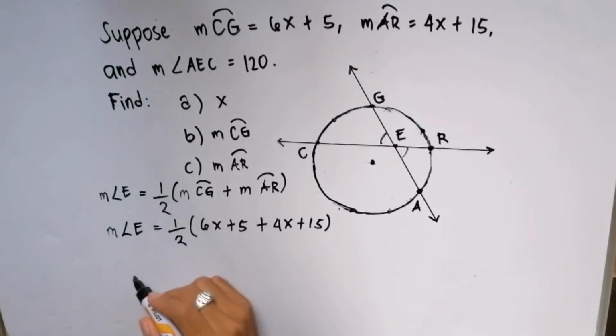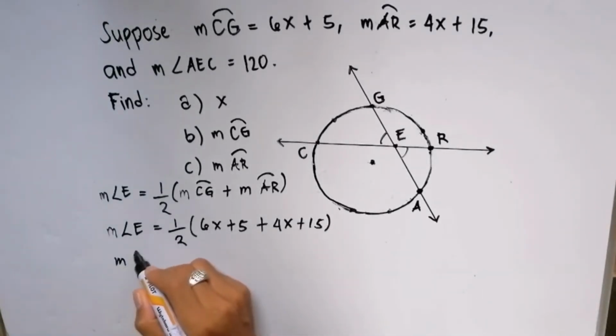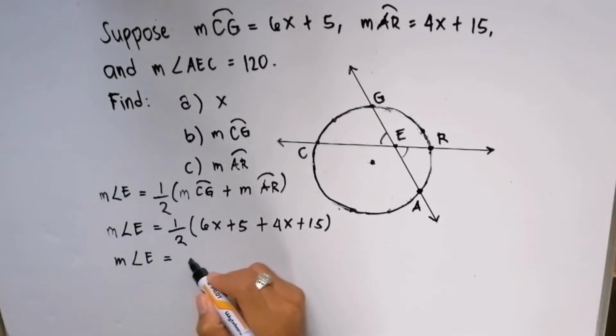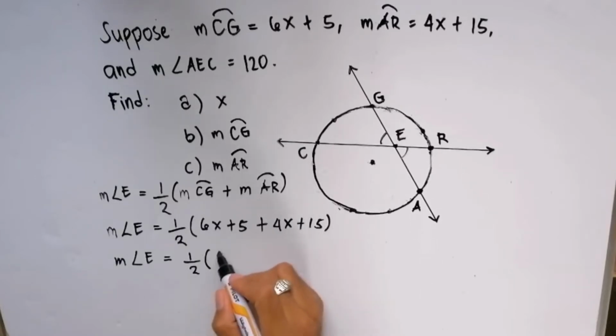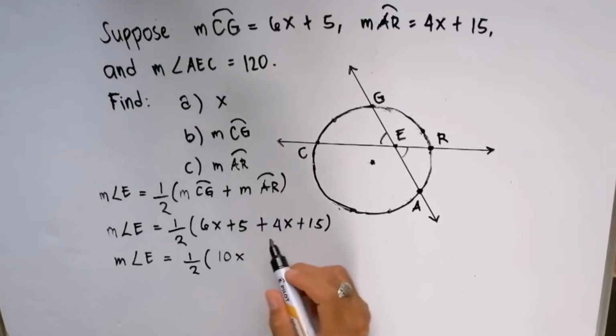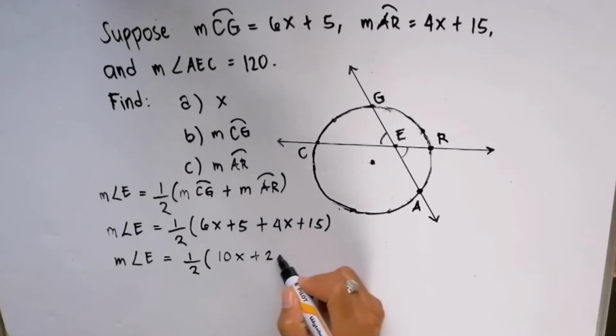So that is equal to 1/2 times, combine similar terms, 10x plus 20.